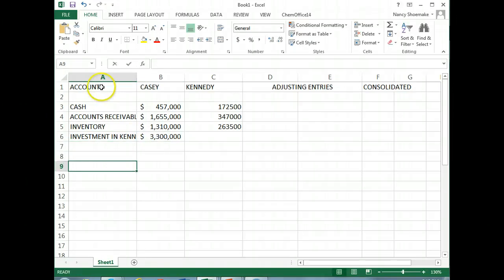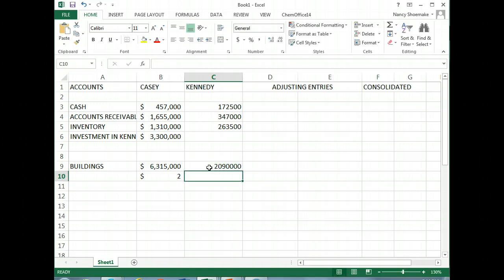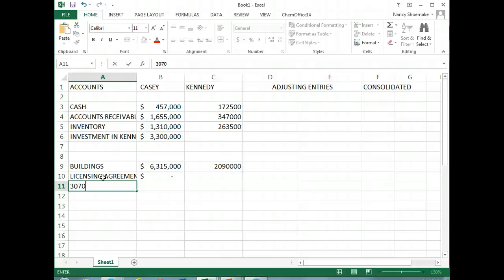And then the building net is $3,150,000, $2,090,000. Oops, sorry. $2,090,000. What's next? Licensing agreement. This is 0, but Kennedy has 3,070,000, right? Shoot.